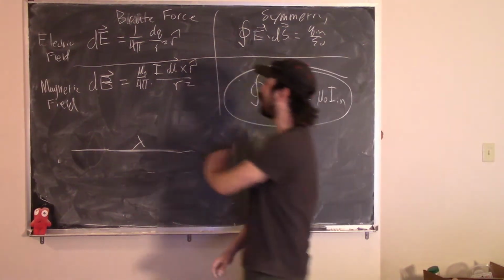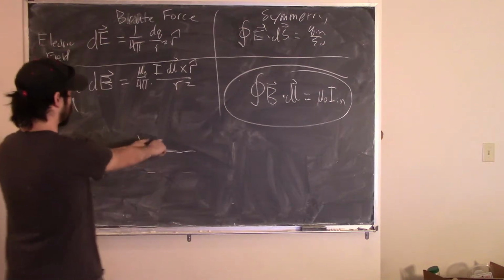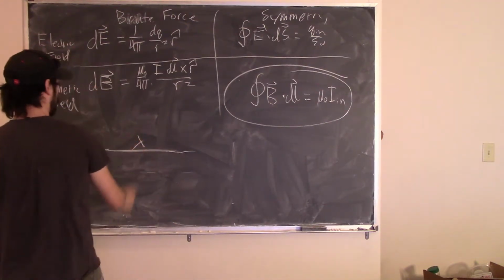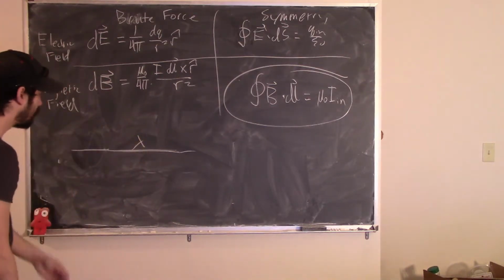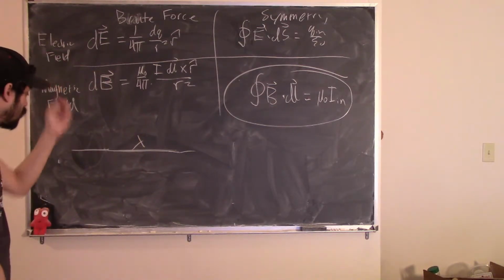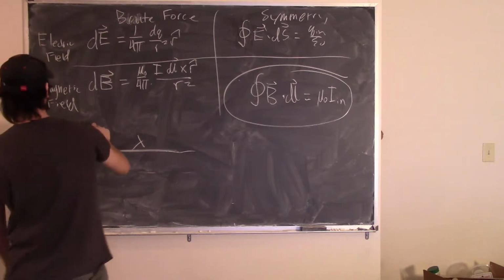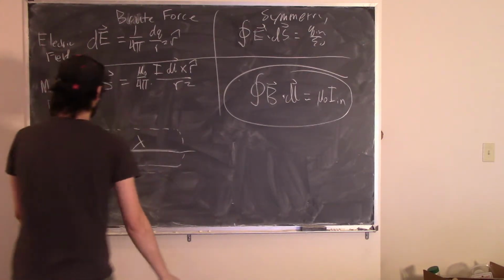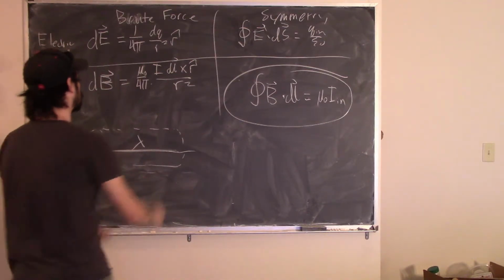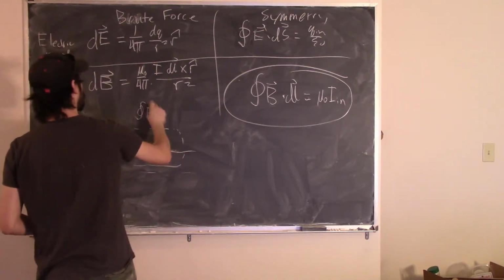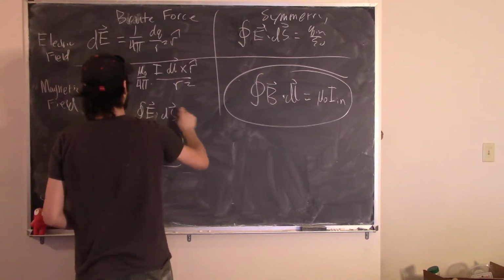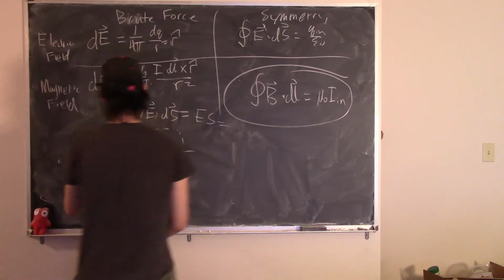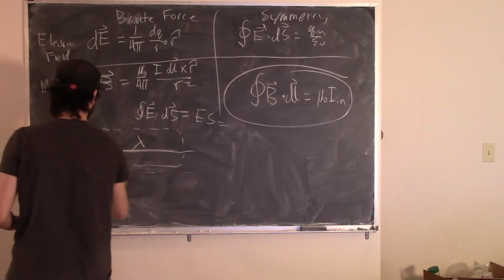We could apply our brute force technique and find all the little pieces of dq and then the unit vectors that point away from them and sum and find what the electric field is here. Or we could apply Gauss's law, which gives us a much easier way to go about this. That's to say, if I define some Gaussian surface so that when I do the integral of E dot ds, this reduces to E times s, then this is just going to be equal to the charge that's inside of this Gaussian cylinder.